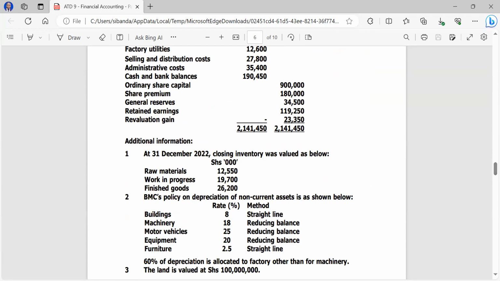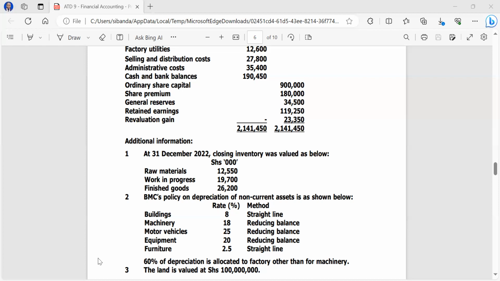And then be able to calculate backwards to determine what would then be our so-called issued share capital.